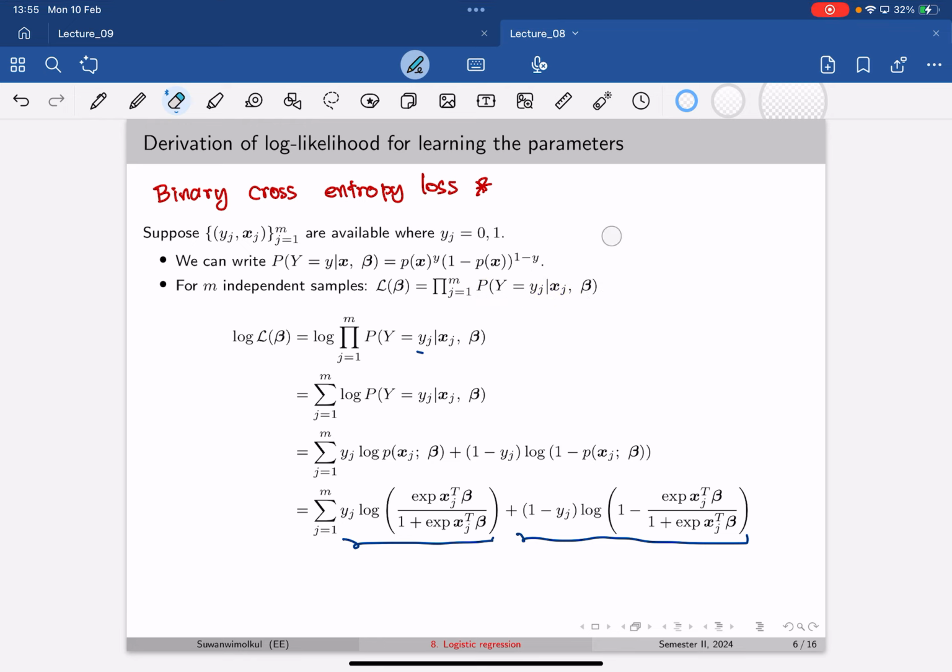And this likelihood probability came from the fact that, if we say we want to find beta hat, the model parameters that best fit our given training data, we want to maximize the likelihood probability as much as possible. This is a probability of y given x, where y is the output and x is the input.